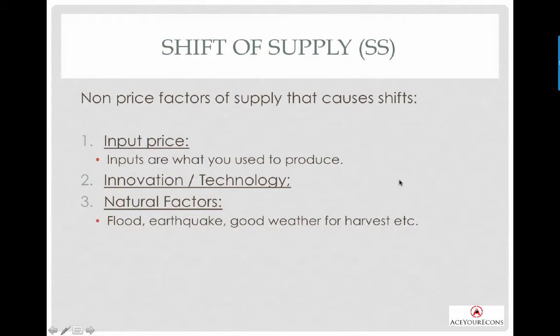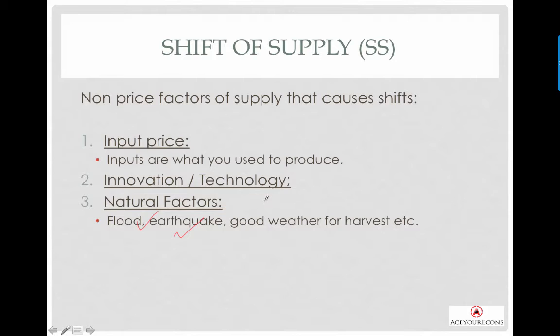Sometimes you'll encounter contexts where there is a natural disaster. When there is a natural disaster like flood and earthquake, this will affect your supply curve negatively, because at every given price you are going to produce less.